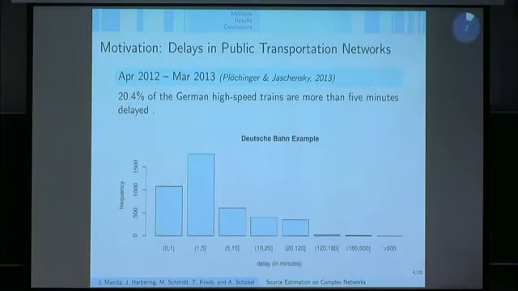So in general, the observation period was in 2012 to 2013. We have statistics which says that about 20% of the trains are delayed more than 5 minutes, which doesn't sound that bad, but the one thing is, it's a huge topic. If you want to fight with a German, speak with them about train delays. It's a huge thing.